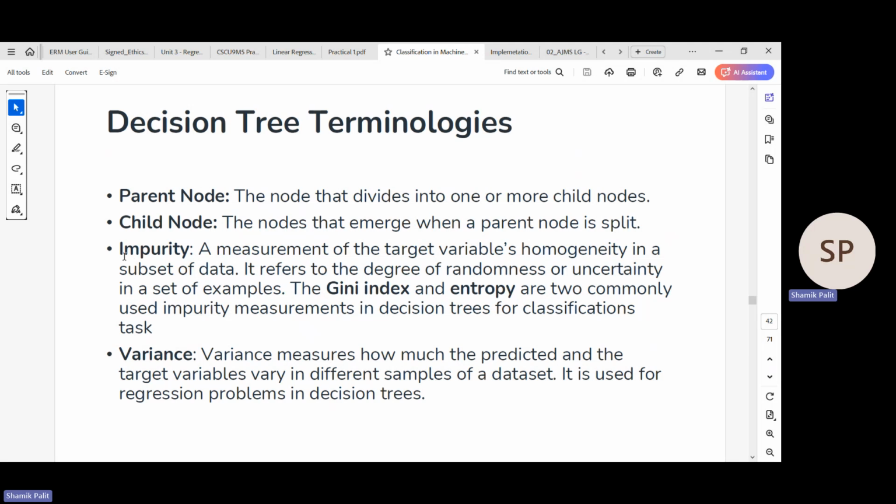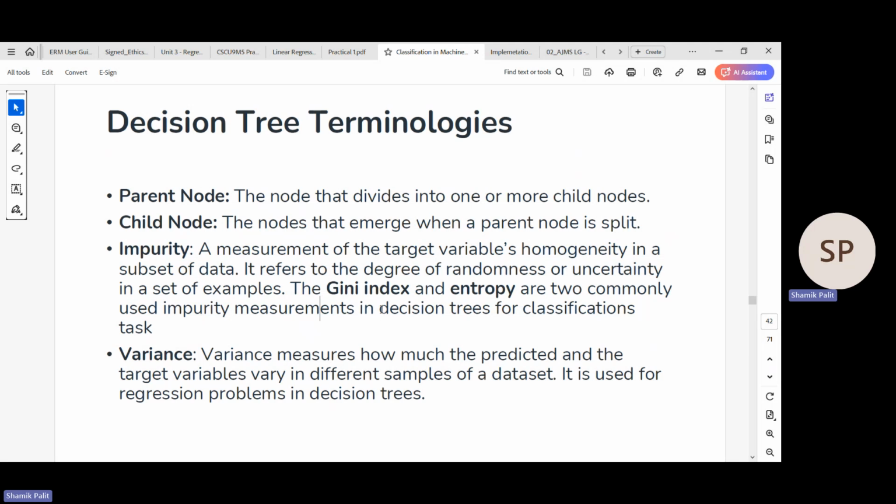But the most important part over here is knowing about the impurity. The moment you start doing this work, applying a certain type of uncertainty or randomness, we need to understand one very important terminology called Gini index or the corresponding entropy. These are measurements of impurity.